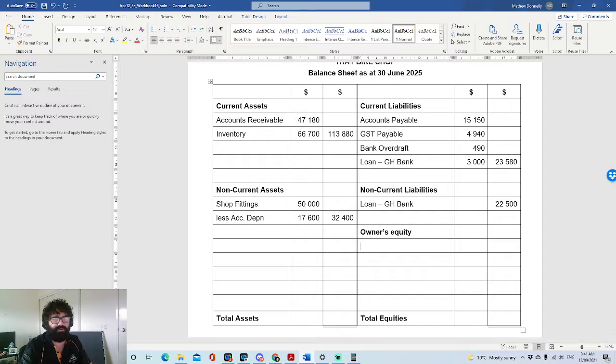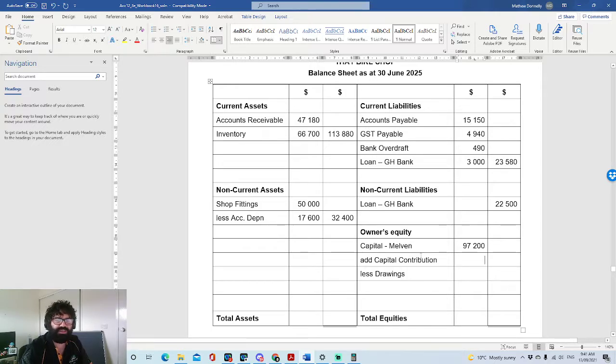And now we do the owner's equity. So we go capital at the start, and this is Melvin, 97,200. Add capital contribution. Now I can't do a pre-sum, so I'm going to tie it all in here. I'm going to do all the drawings and capital contributions together, and I just get that from the cash flow statement, the financing activities.